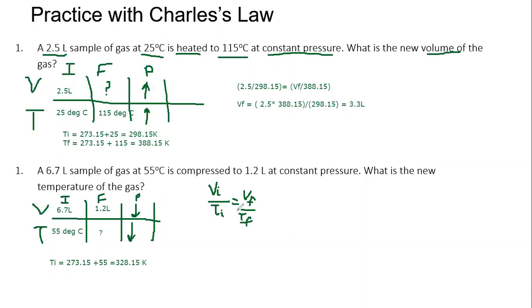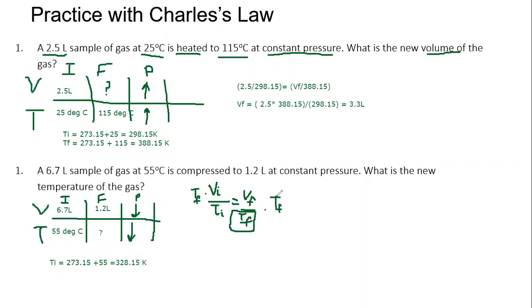Again, what we're looking for is T final. But notice here, T final is on the bottom. So we have to move it to the top. To move T final to the top, we multiply both sides by T final, because it has to be on top for us to solve it. And you only do this when you're looking for T final.